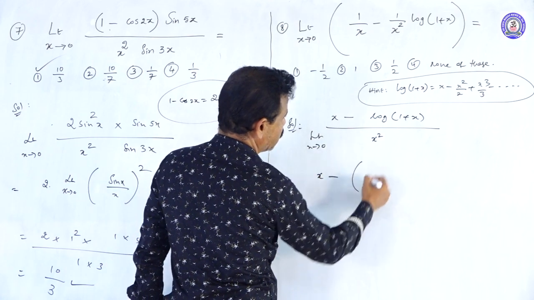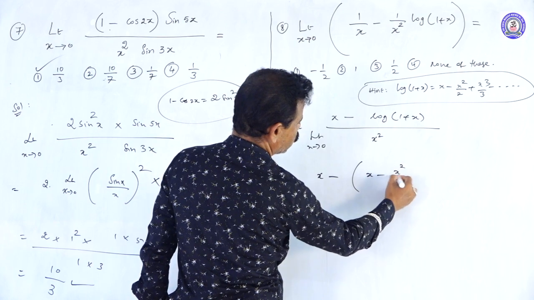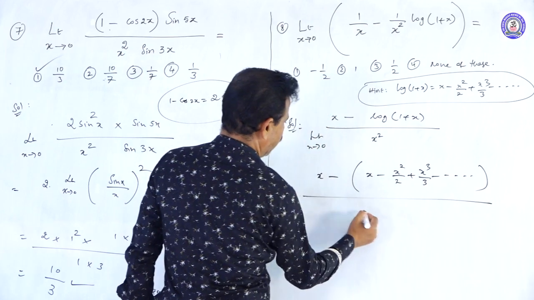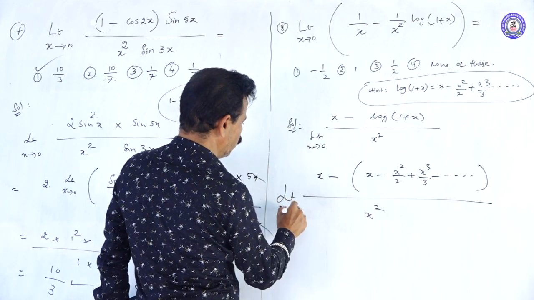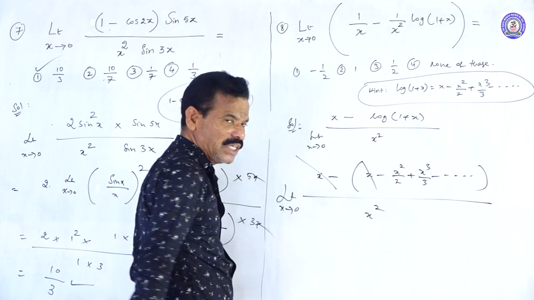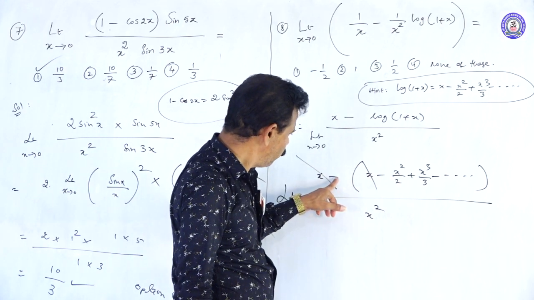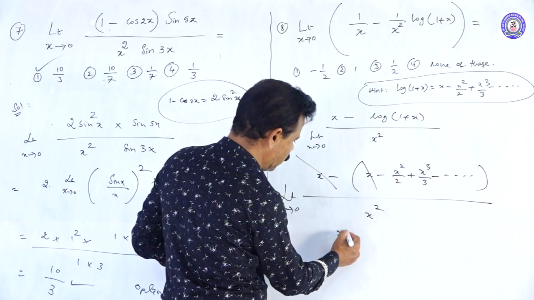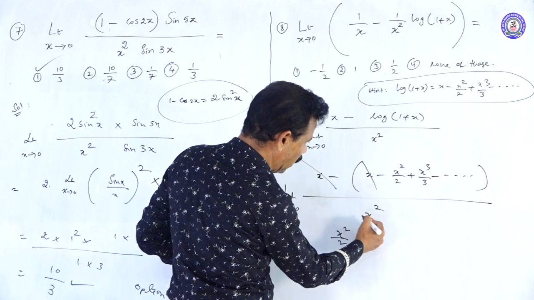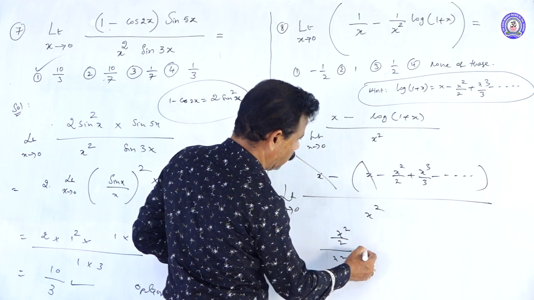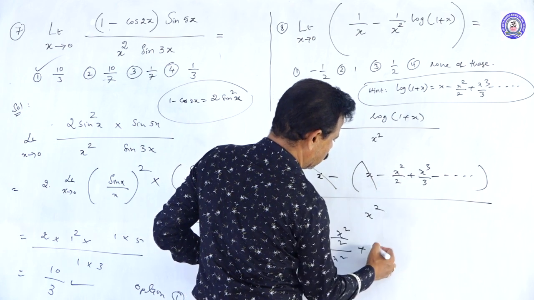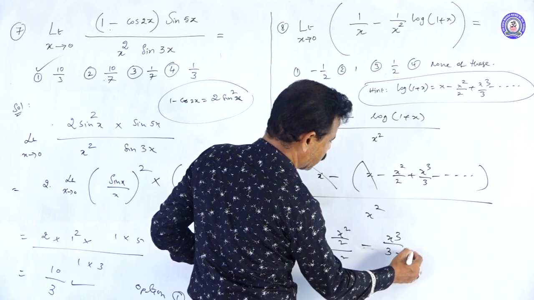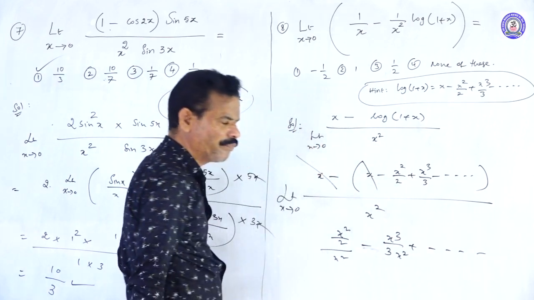log 1 plus x series is that formula: x minus x square by 2 plus x cube by 3 and so on, continuation, by x square, whereas limit tends to 0. Here the x term gets cancelled. Next minus into minus plus x square by 2. This term is divided among all terms by x square, plus next minus into plus minus x cube by 3, and this x square is also written for all terms having x terms.